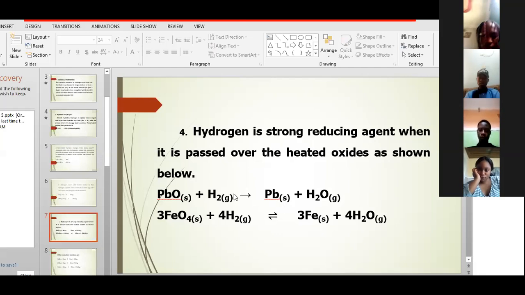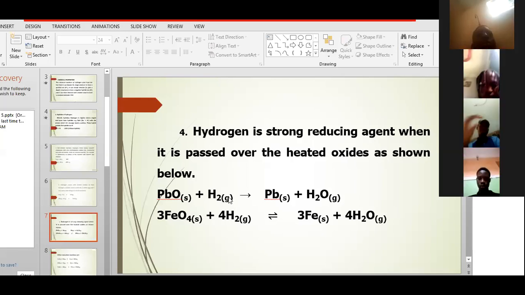From the reactant, there is no oxygen attached to the hydrogen. But at the product side, oxygen is now attached to hydrogen to form steam. Meaning, hydrogen has the power to extract oxygen atoms from the lead(II) oxide.